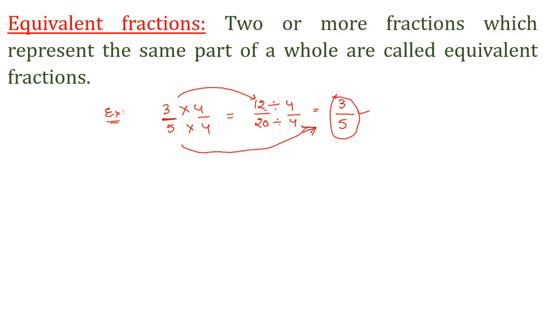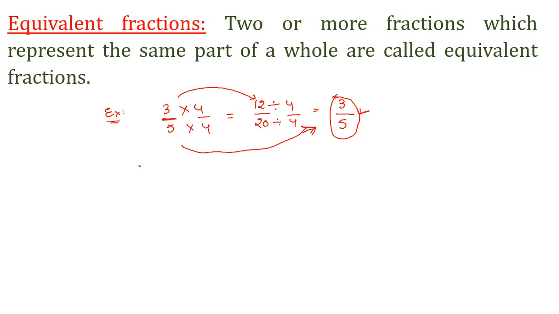So but 12 by 20 you can convert by dividing them with 4 into the 3 by 5. This is not the standard form. So any fraction you can convert by dividing both numerator and denominator with the common factor into the standard form. Okay. So 3 by 5 is nothing but 12 by 20, and 12 by 20 is nothing but 3 by 5.